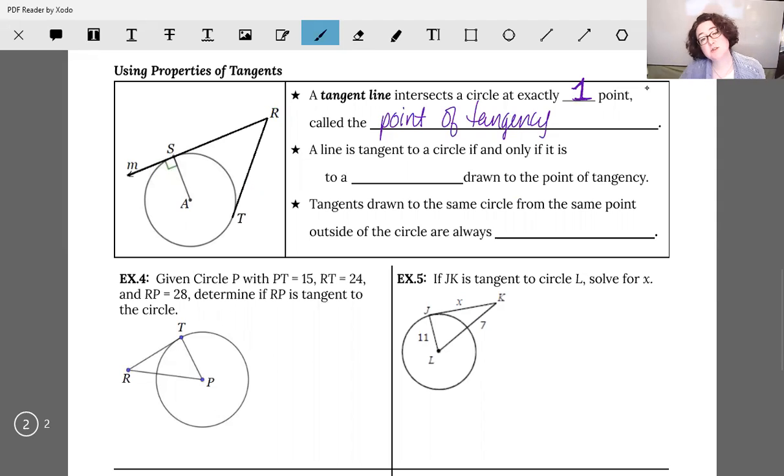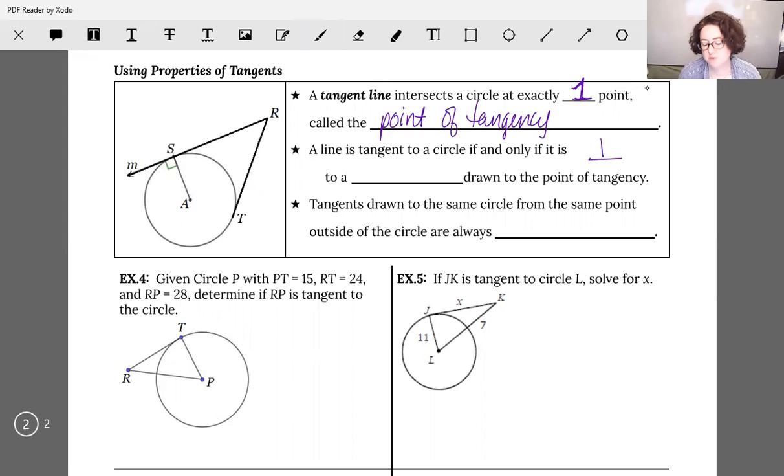Okay, a line is tangent to the circle if and only if it is blank to a blank drawn to the point of tangency. So let's see, what kind of angle does it make at point S? Well, it makes a right angle. So one of the ways that we could put that in is actually perpendicular.